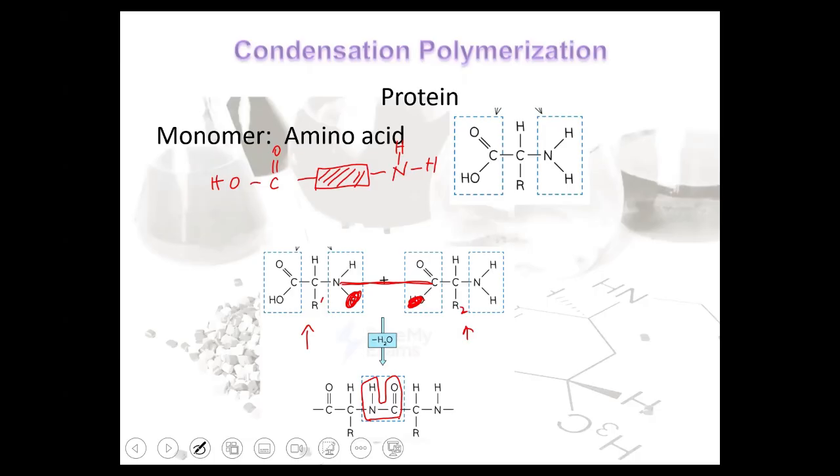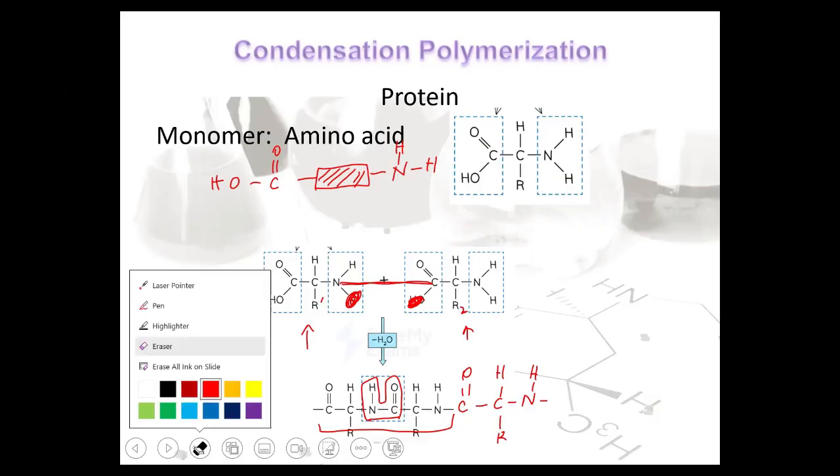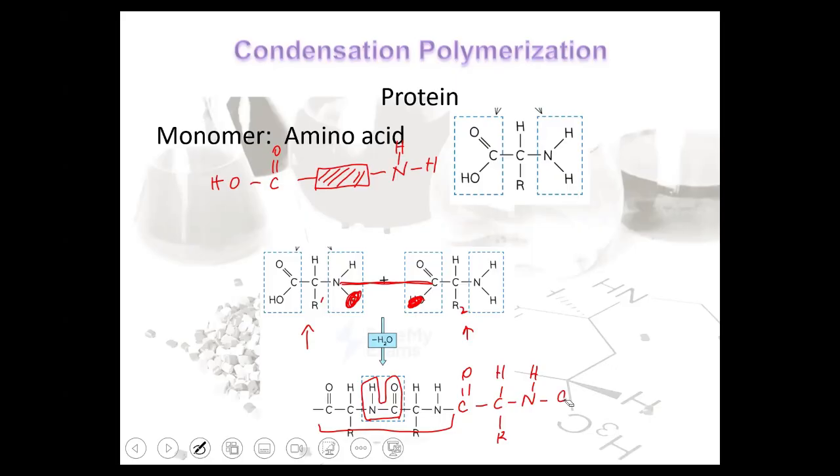that if you bring another same unit here, same unit when you repeat, this is one amino acid, CO, and now this has H and OH.